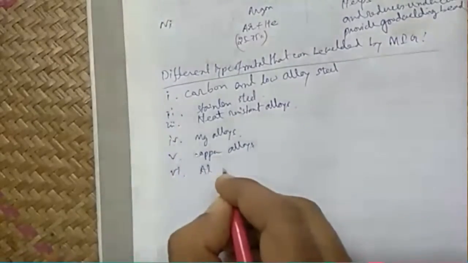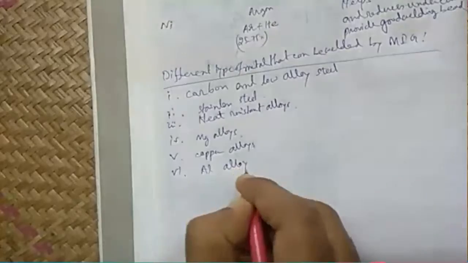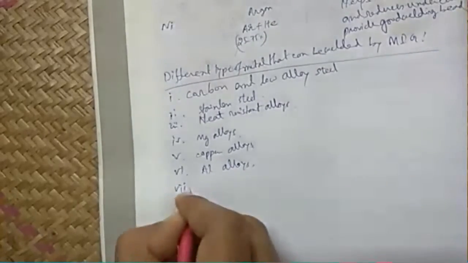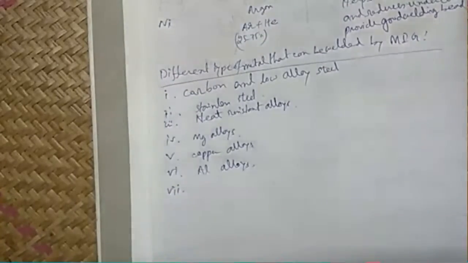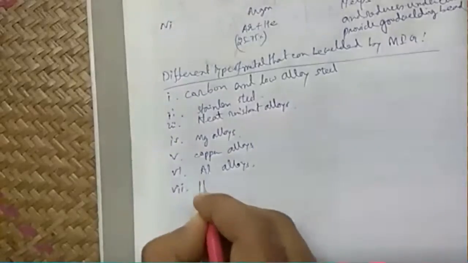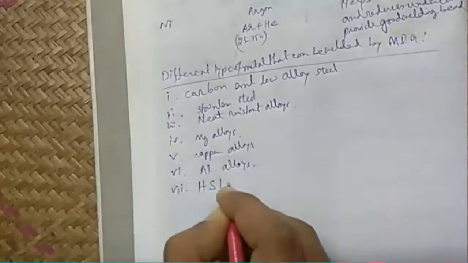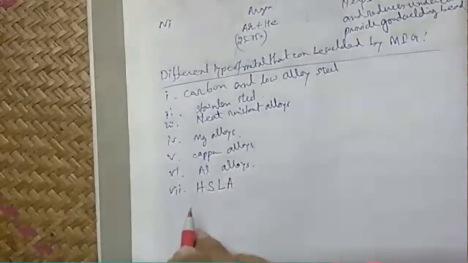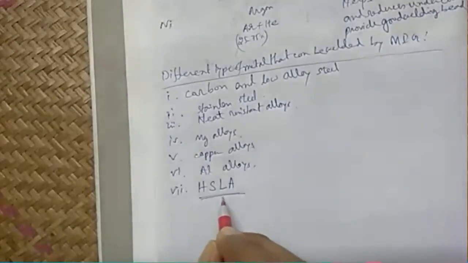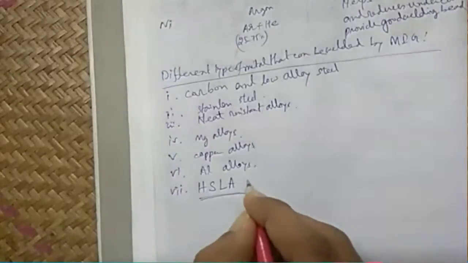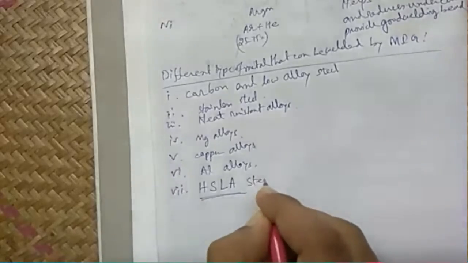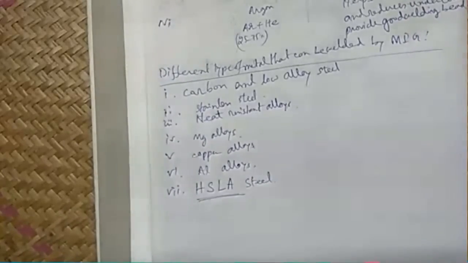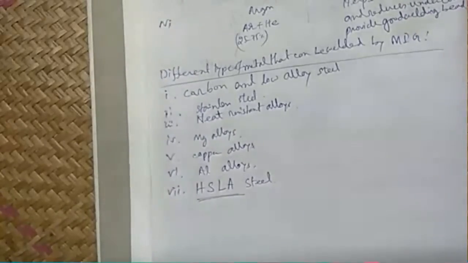Number six, aluminium and its alloys. Number seven, high strength low alloy, HSLA. You need to remember this term, high strength low alloy steel. So these are the several metals that can be welded.